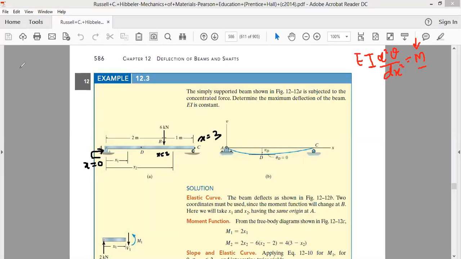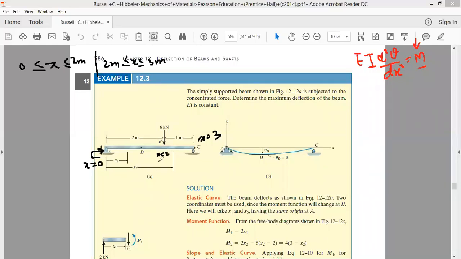So one section varies from 0 to a distance of 2 meter, and another section will vary from a distance of 2 meter to less than or equal to a distance of 3 meter. This is what we have to do.